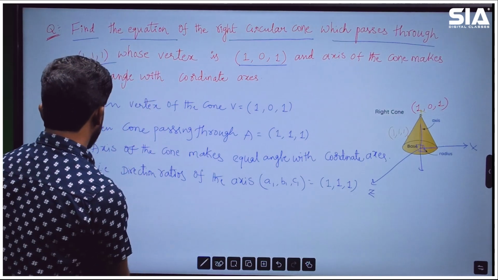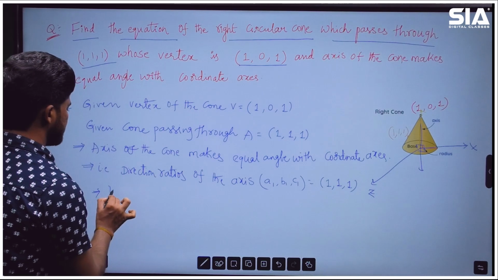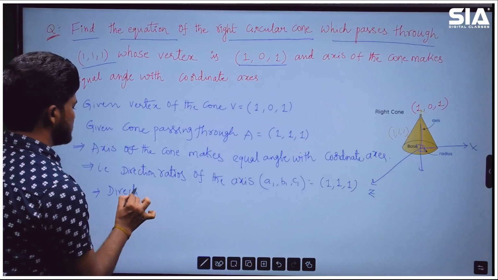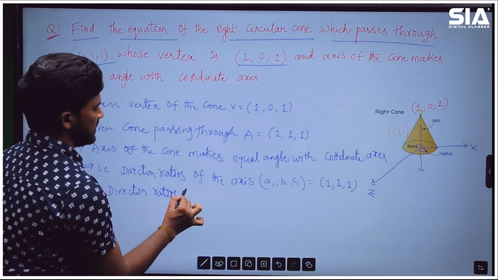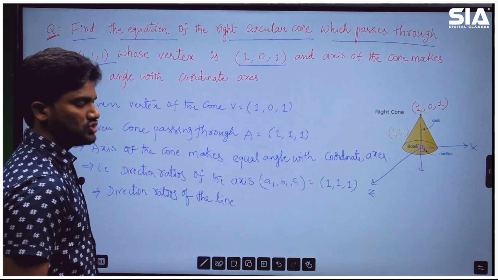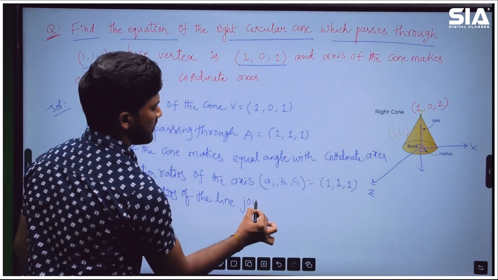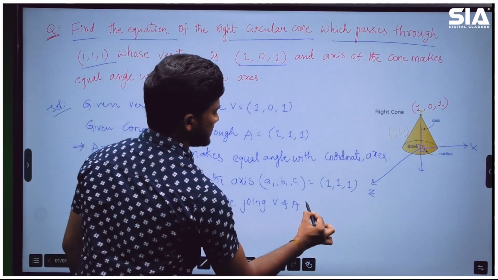Next we have to find the direction ratios of the line joining V and A, that is VA.